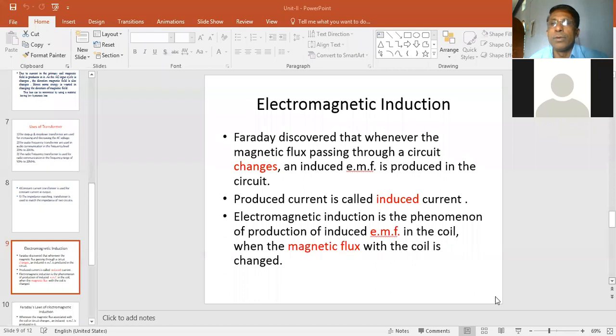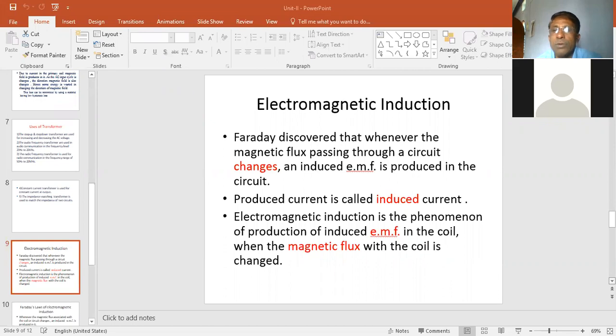As we have discussed yesterday, we have discussed in detail what are the contents of the units and what are the outcomes of those units.